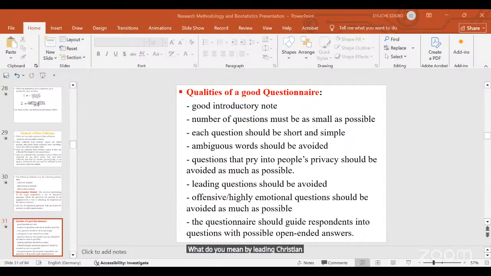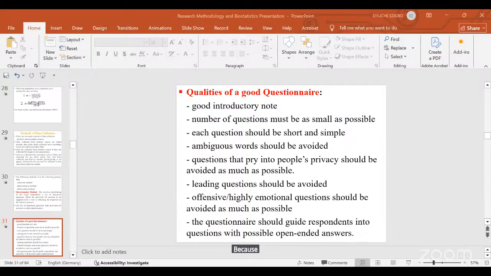Suggestive questions, questions that are suggesting answers, we should avoid. How do I mean? You are asking someone a question, an opinion, and you ask the person, don't you think that this idea is good?